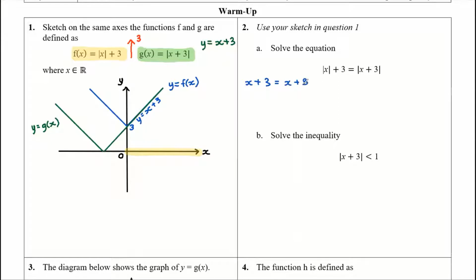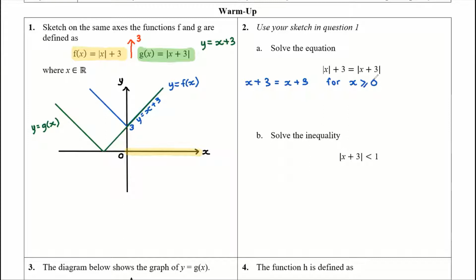Now, that's a self-cancelling statement, isn't it? That they are literally the same, okay, the positive branches. But these branches are only defined for x greater than or equal to 0, okay? So we'll just state that. So they are exactly the same for x greater than or equal to 0.